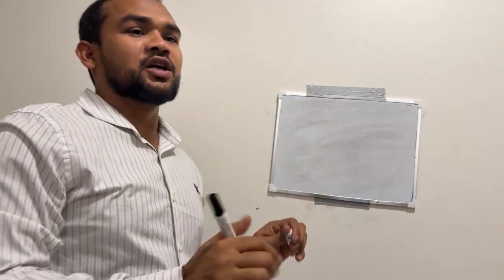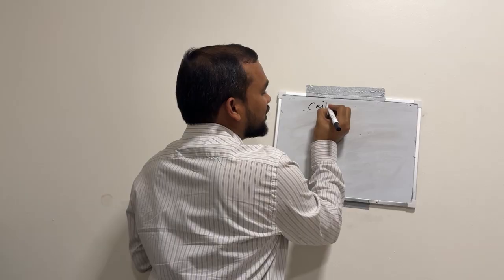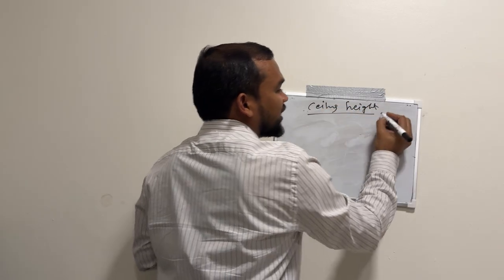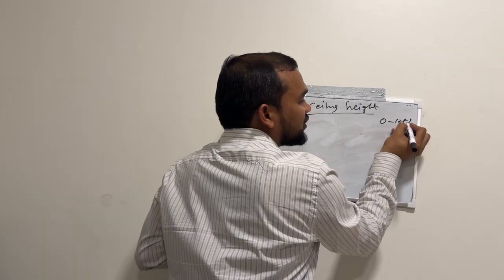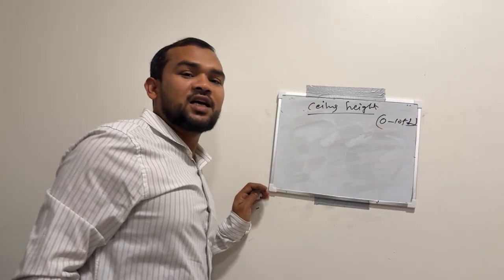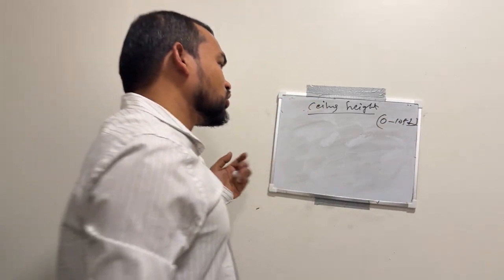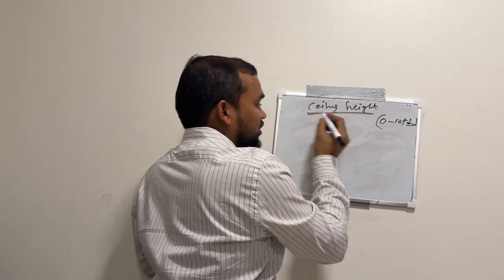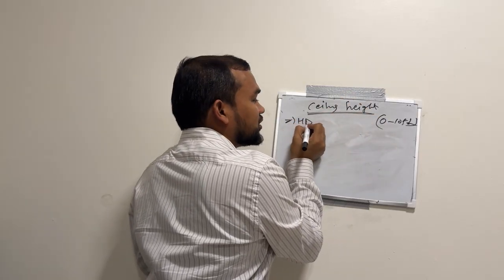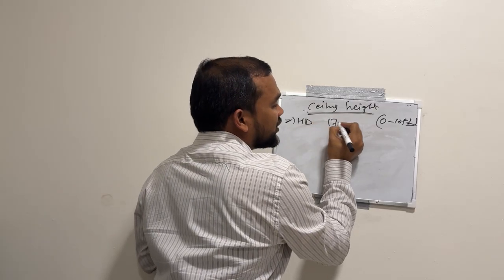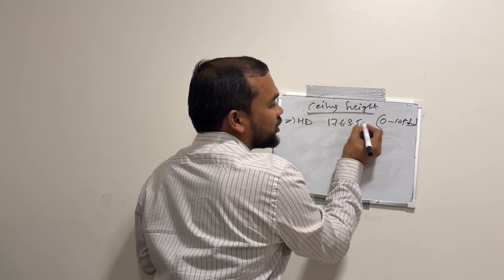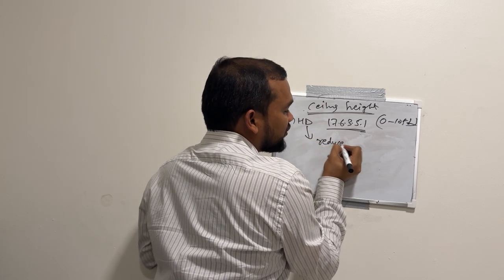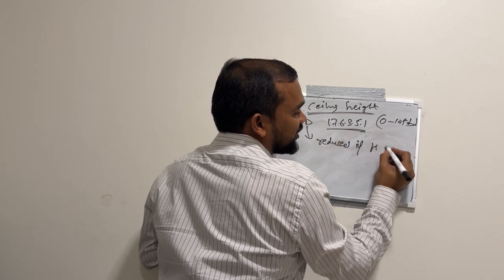So our next topic is ceiling height. As NFPA says, 0 to 10 feet height will be considered normal height. For any type of heat detector or smoke detector spacing, we consider heat detector spacing as per table 17.6.3.5.1. Smoke detector spacing will be reduced if the height increases.